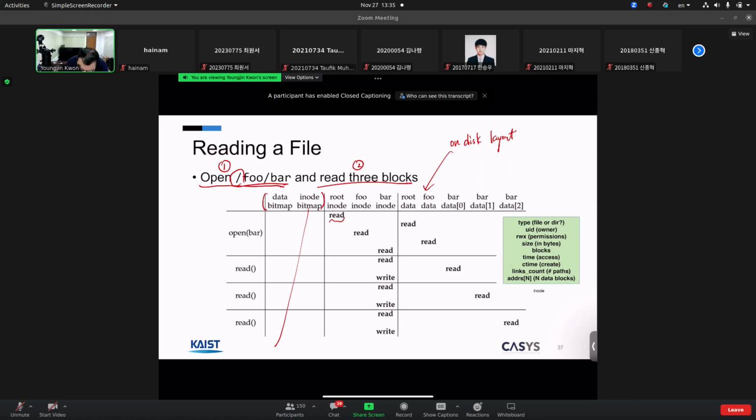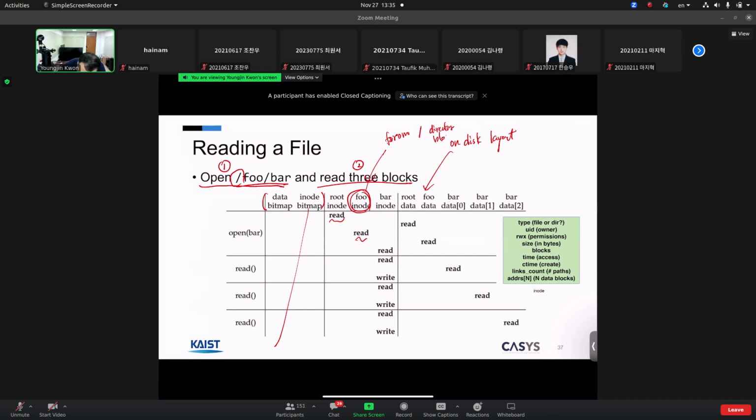Okay. And then read the foo inode. Where is it from? From the root directory block. Looking at the root inode, you can locate the root directory block, then search the root directory block to figure out the foo inode number and read the foo inode. Okay, then you want to read 3 blocks, right?